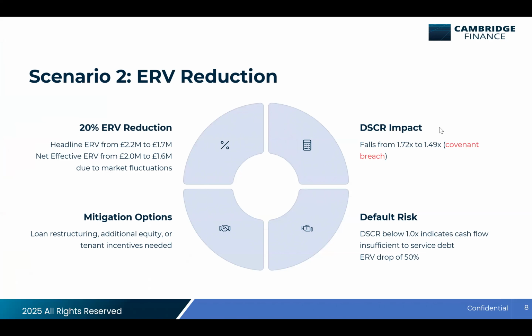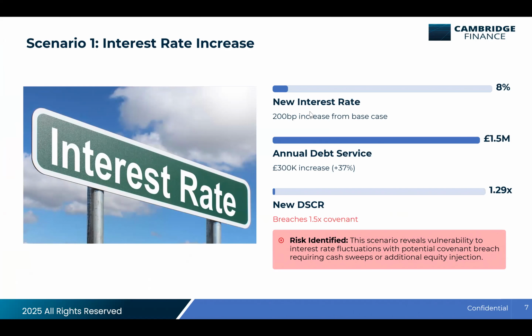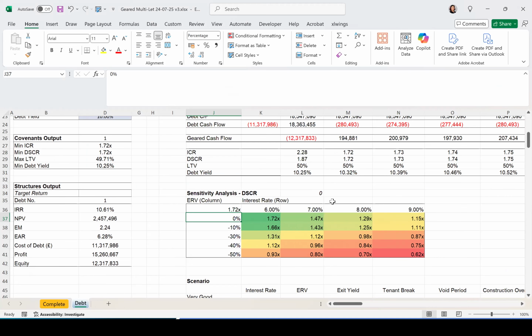So my scenario one is that my interest rate went up by 2 basis points, so from 6% to 8%. My annual debt service went to 1.5 million, so it was 1.1, and then it went to 1.2. Let me see here, the 1.1, 1.2. Yeah.